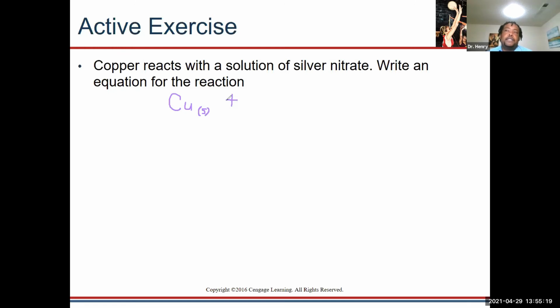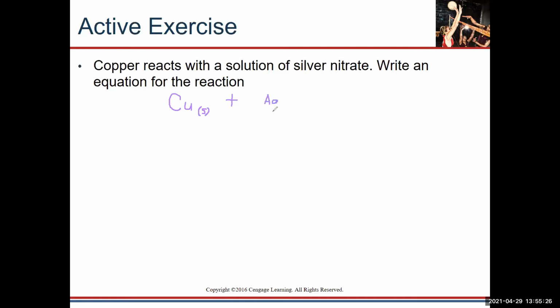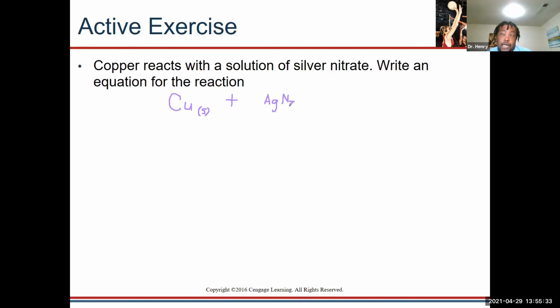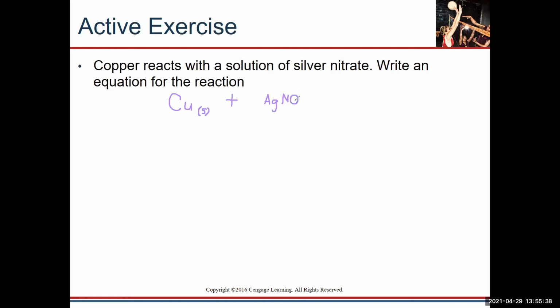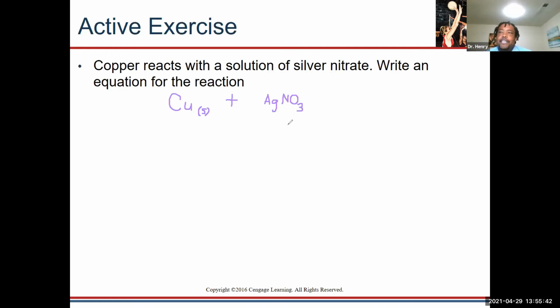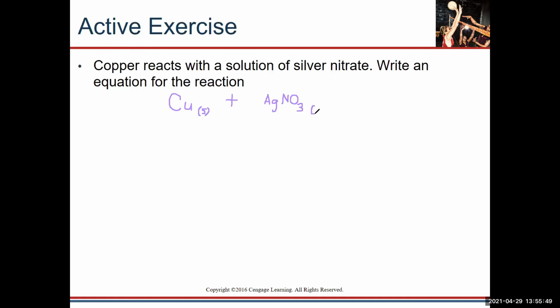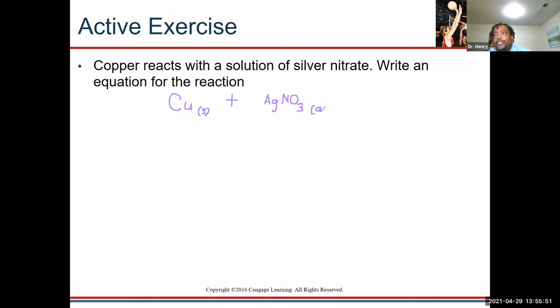Cu plus Ag and NO3. Are you sure it's NO2? NO3. Okay. Is it solid, liquid, gas, or aqueous? It's aqueous, that's right, because it says solution.